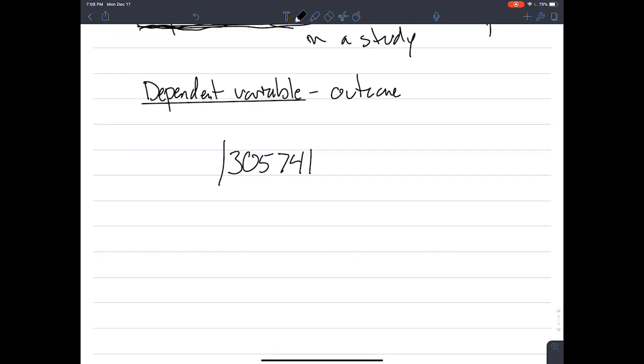305741, this will give you access to the bonding quiz that you already took, so you can use that as a study guide, because pretty much all the questions on the exam are going to be very similar to it, not directly from it, but similar concepts. So, back to the test itself, know the difference between covalent and ionic.